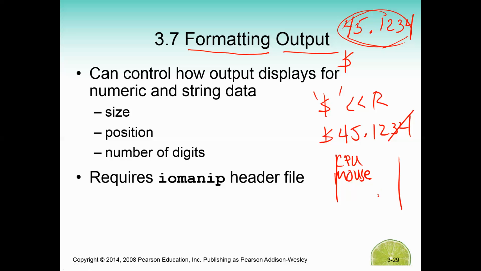I want CPU aligned to the right margin, M-O-U-S-E, like this. There's no way that we can do it, but today we're going to learn how to do it. So that's what formatting means, okay?